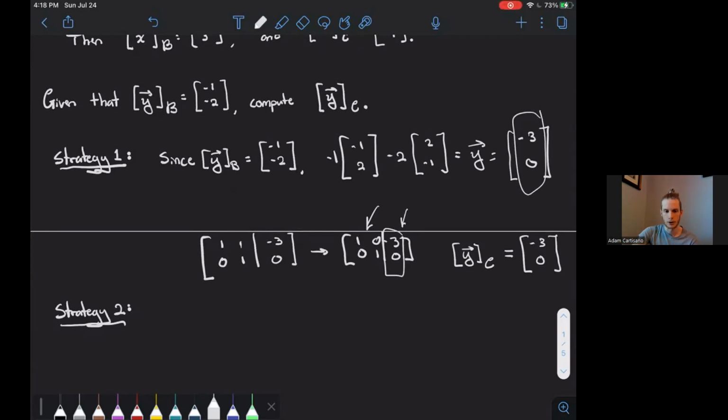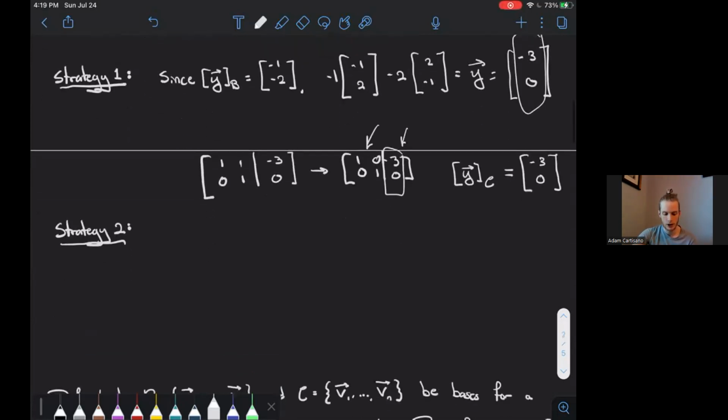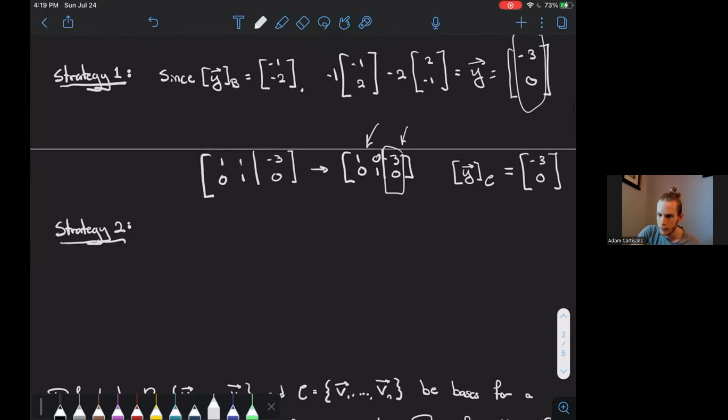In other words, we compute a linear combination in order to find y itself as a vector, then put that vector in a matrix whose columns are the basis C, and then do a row reduction, and that will give us the coordinate vector. That's 3 steps that are tedious. So instead, we're going to use strategy 2, which is a little bit longer, but we only have to do it once. Strategy 1 is 3 tedious steps every time they hand you a coordinate vector with respect to b.